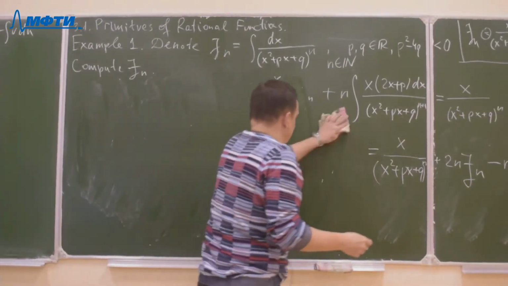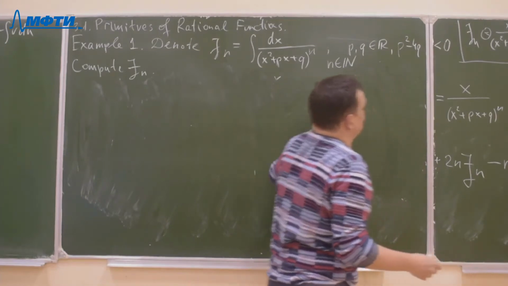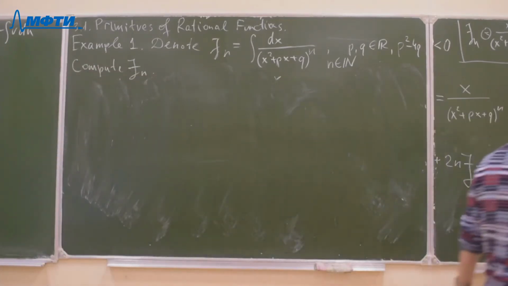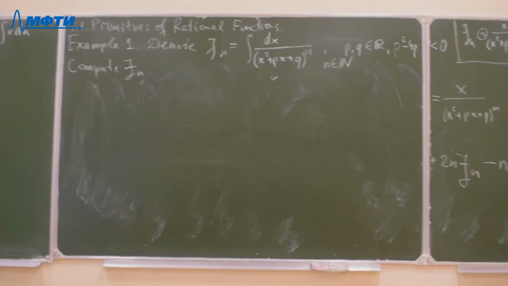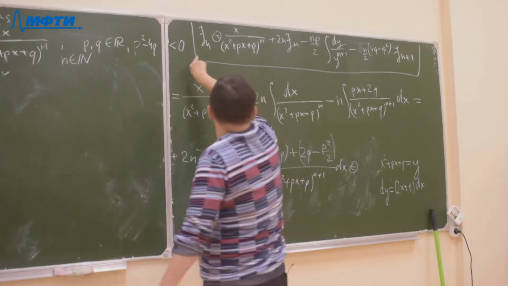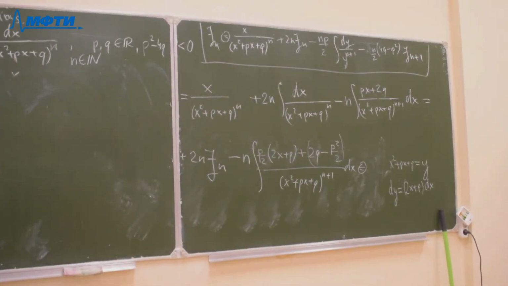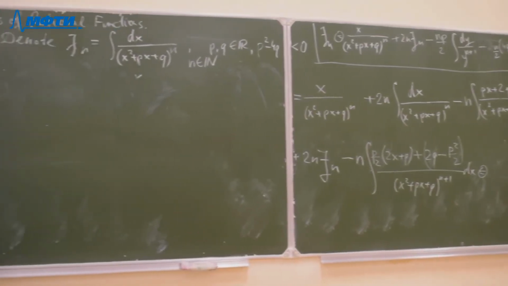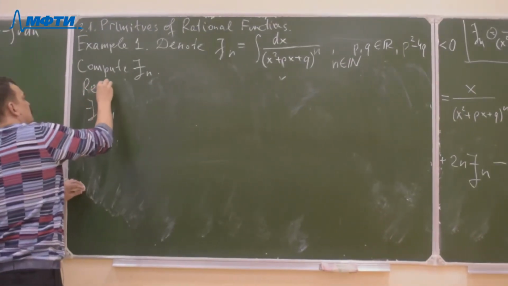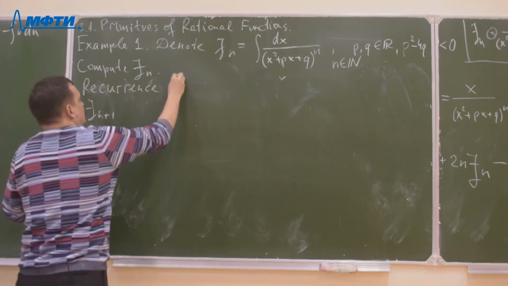Not an explicit formula, but instead of that we have a recurrence formula. So let me write it down. I put J n plus 1 into the left hand side and Jn into the right hand side. So J n plus 1 equals to, so recurrence formula.